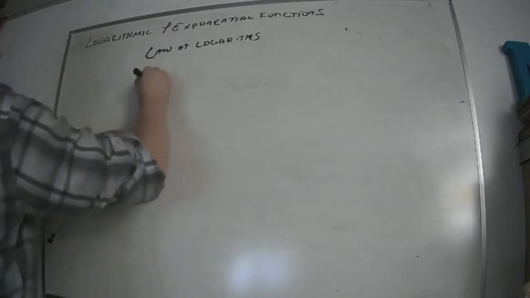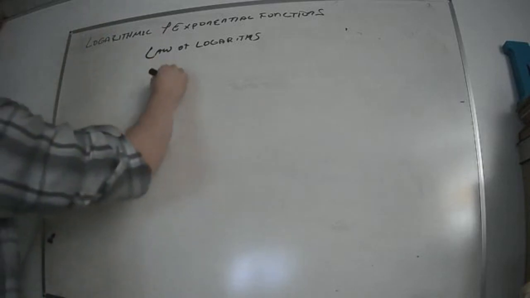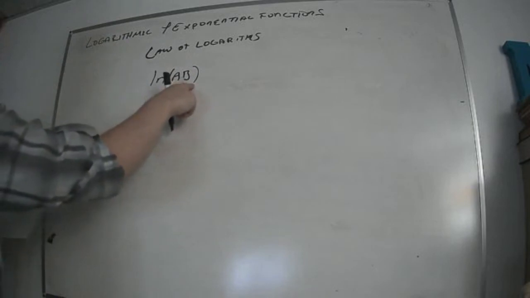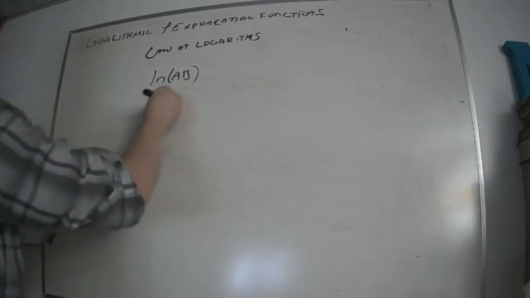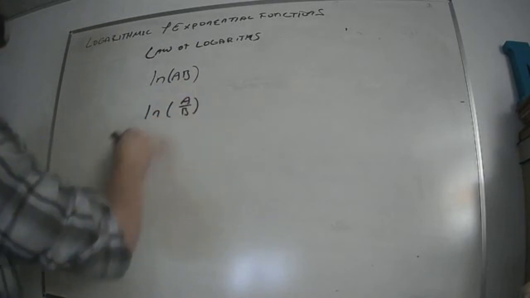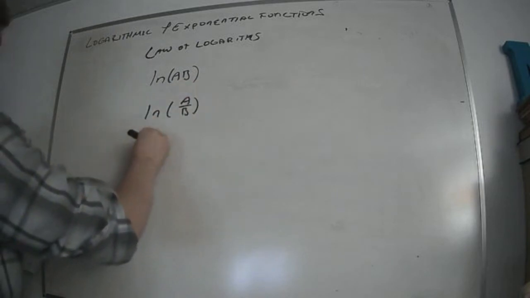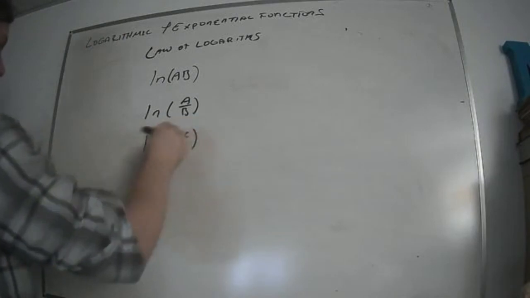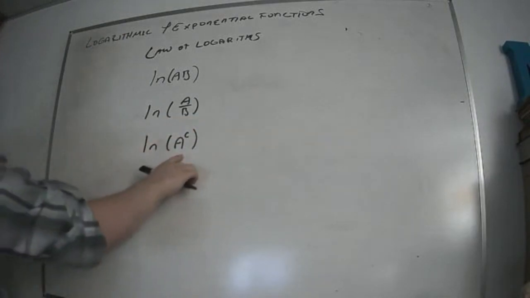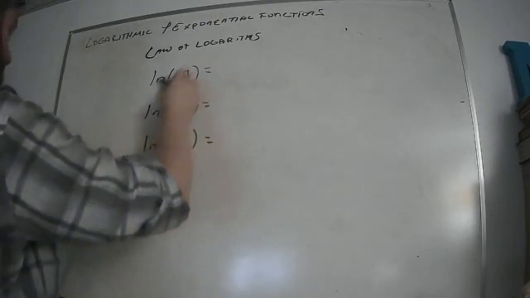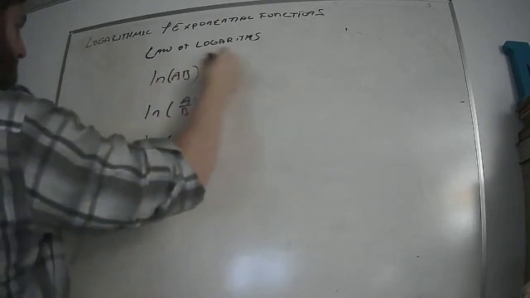I'm going to focus on the natural log. There's the natural log of a product, the logarithm of a quotient, or the logarithm of an exponent. I already proved this one, showed you a little bit about how this one works.